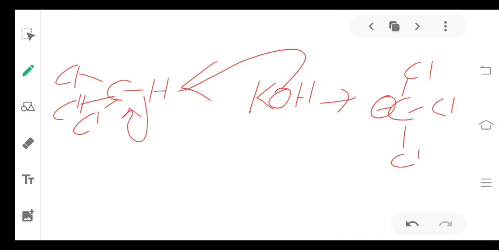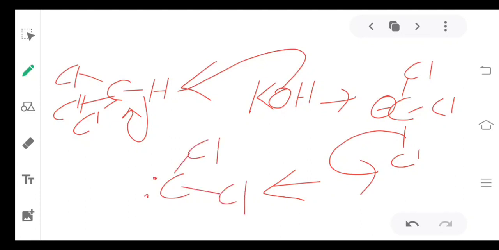This minus charge on the carbon atom is highly reactive. The bond between carbon and chlorine will break and the electrons will go with the Cl atom, and because of that there will be fewer electrons on carbon and it will have 6 electrons. Chloride ion formation will take place, and there will be the formation of carbene.